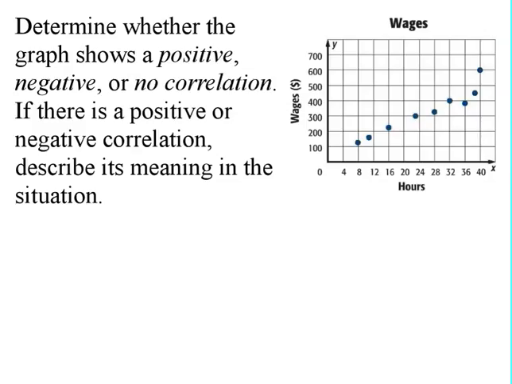Okay? So let's go ahead and look at the next slide. It says determine whether the graph shows a positive, negative, or no correlation. If there is a positive or negative correlation, describe its meaning in the situation. So what is this? Positive correlation. Okay? Now, I want you to make an interpretation from this graph. What do you notice is happening?